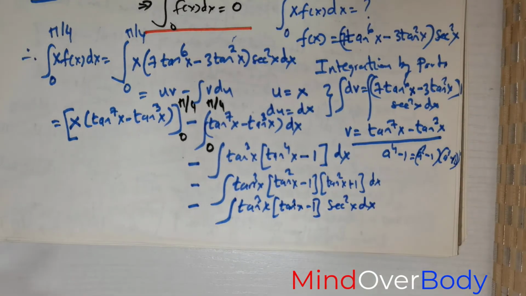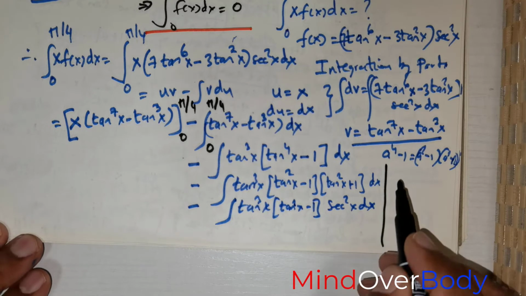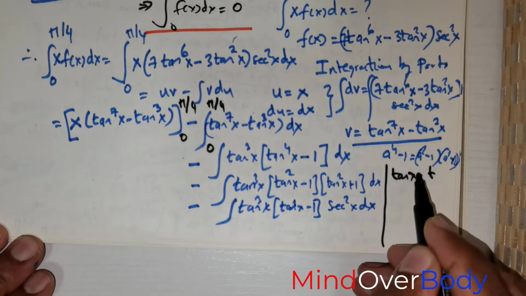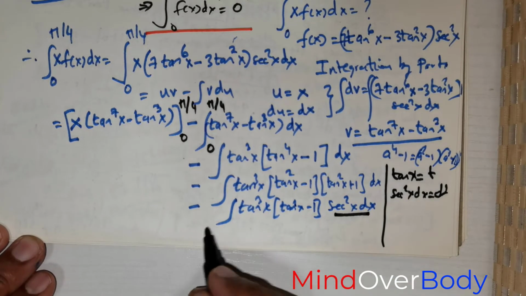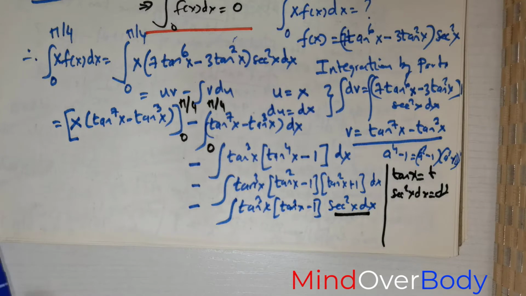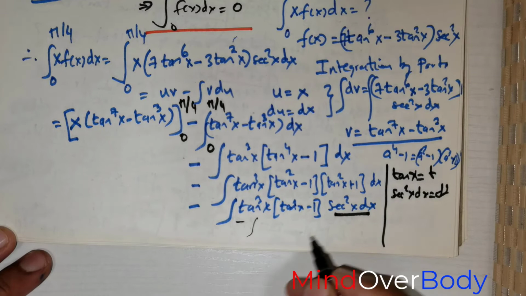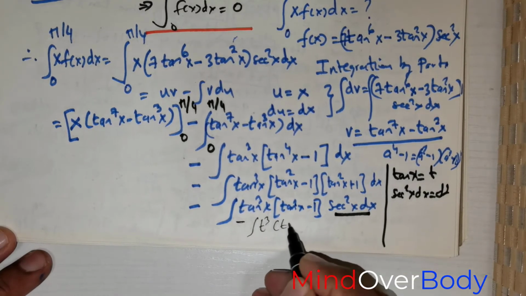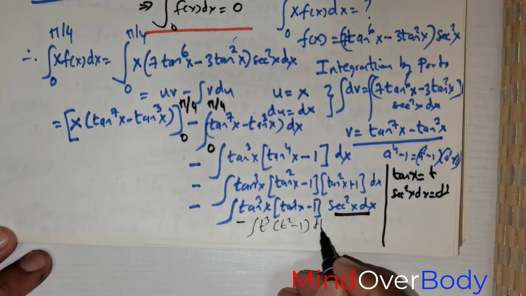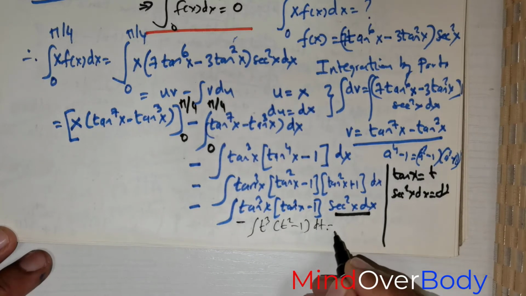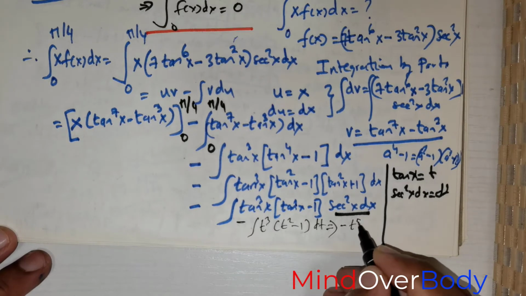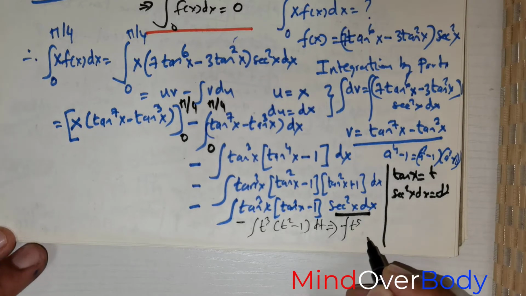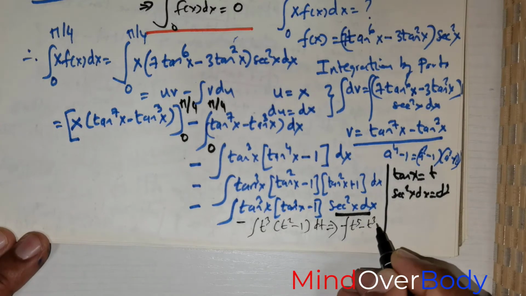So if I were to make the substitution tan x is equal to t, this would give me secant squared x dx is equal to dt. So I can rewrite this as negative integral t^3 times t^2 minus 1 times dt, which is actually equal to negative integral of t^5 minus t^3 dt.